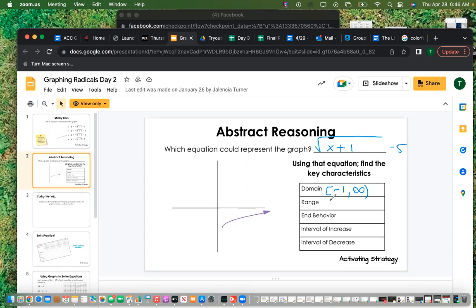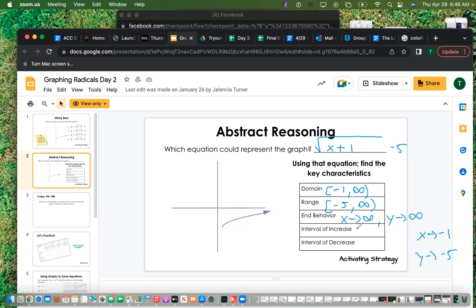Our range is going to go from -5 to positive infinity because it's going up. Our end behavior is as x approaches positive infinity, y is approaching positive infinity. We could also say for the left-hand side, as x approaches -1, y is approaching -5. Rarely will you be asked about that, but that's the left-hand side.